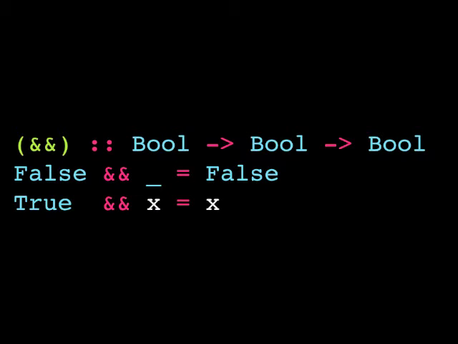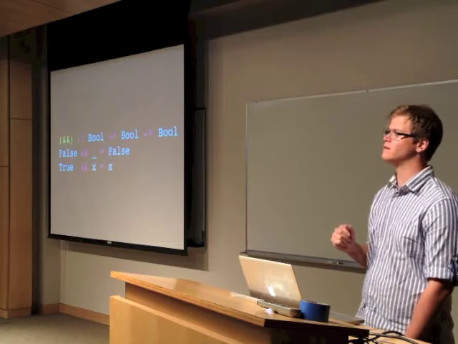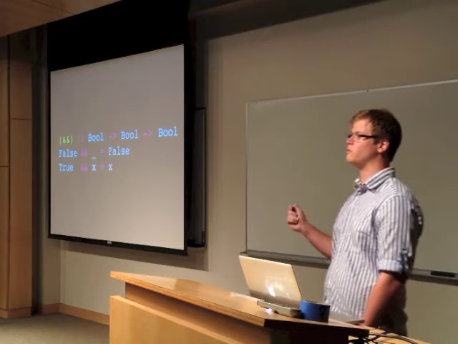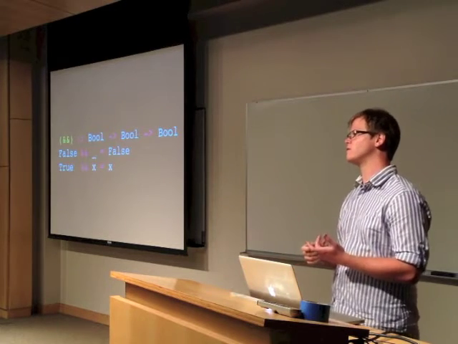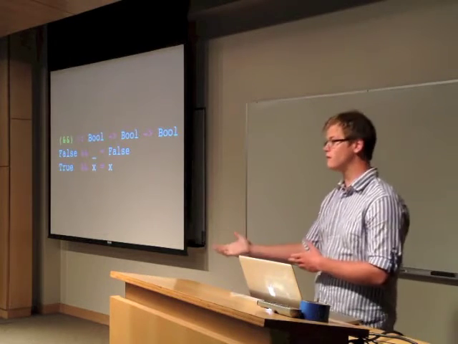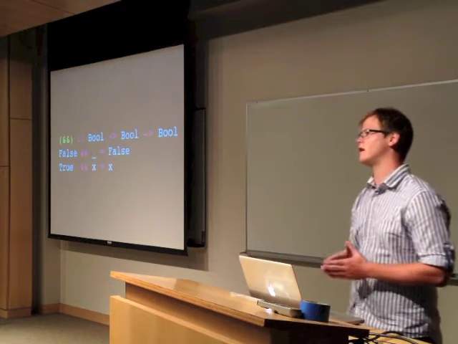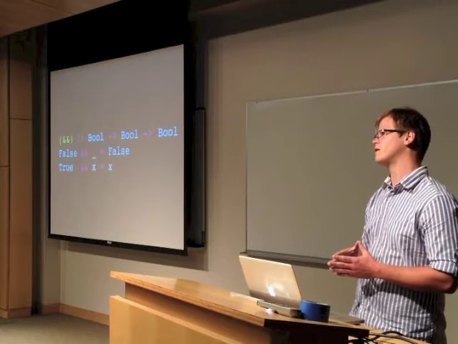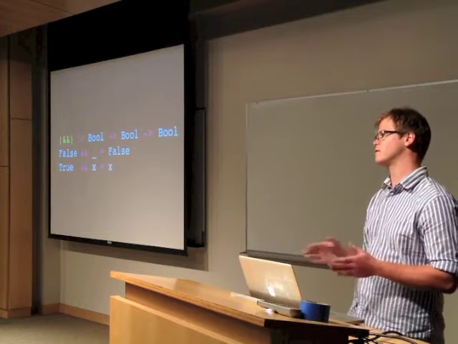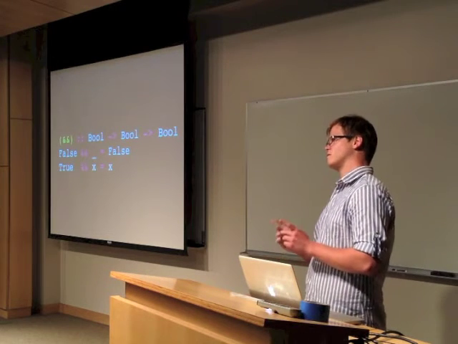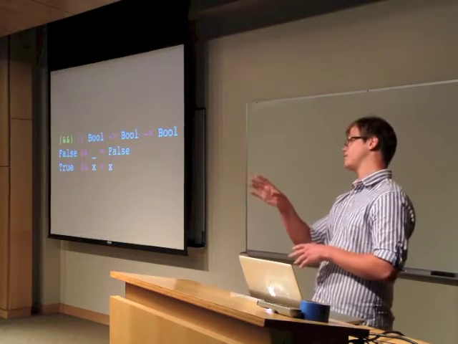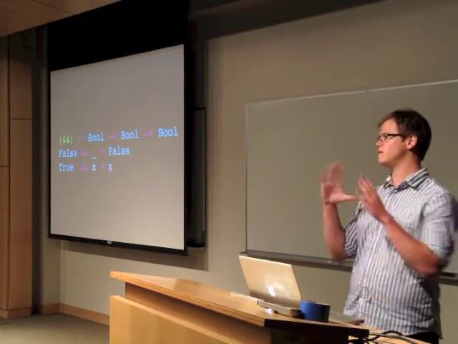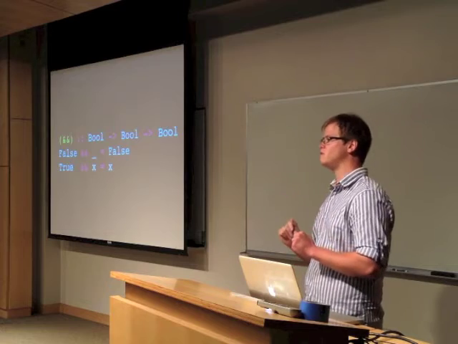And then we can also define and, right? So and is a little bit more complicated, right? And is of the type bool to bool to bool, right? So you're going to give me a bool, then you give me another bool, and then I'll give you your final answer, right? So here, more destructuring, right? So and is actually an infix operator. So it looks kind of weird that I've put and in brackets, but you don't need to use it that way.